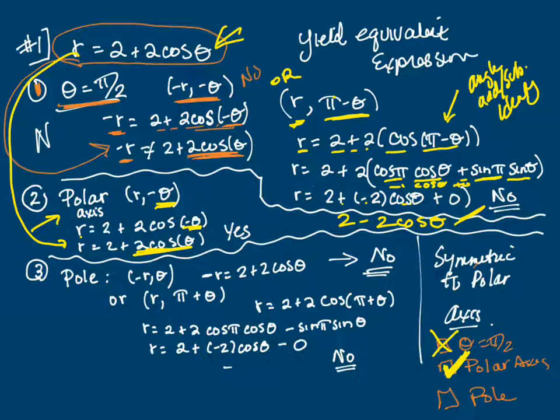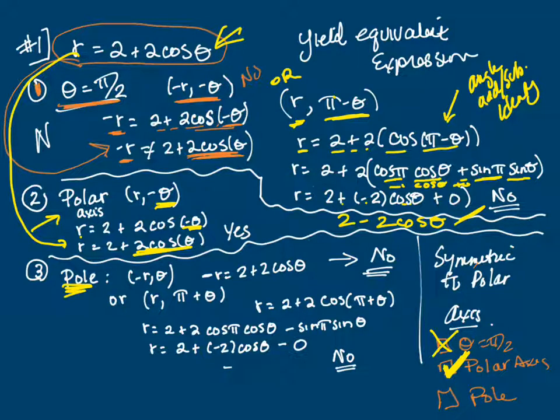Going on to see if it's symmetric to the pole. Now, see, you have to do all three because it could be a combination of different ones. It's not just, oh, okay, it's symmetric against the polar axis. It could also be symmetric against the pole. It can have one, two, or three different symmetries.